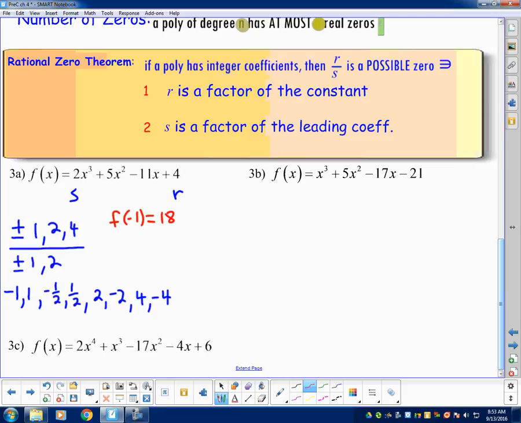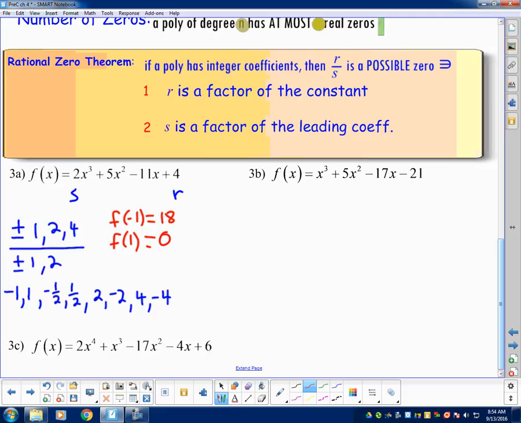It's not a factor. It doesn't work. So then I would go to the next one, which is going to work here. So f of 1, according to my notes, I get 2 plus 5 is 7, minus 11 is negative 4, plus 4 is 0.